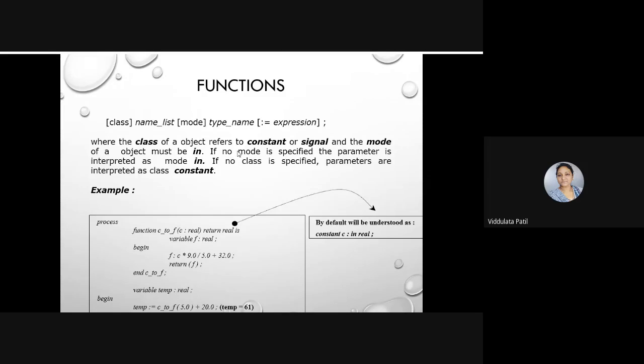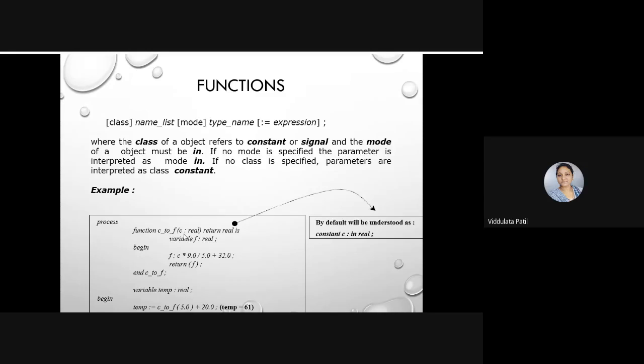Okay, so here there is one example where we are calculating a certain function. So here you can see that this is a function. In a process we are writing this function, c to f. Here c is the parameter that we are passing, which is real, and then return real. The name of the function that we have used is c to f.